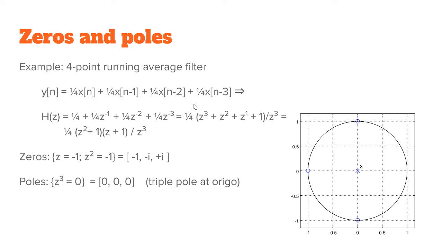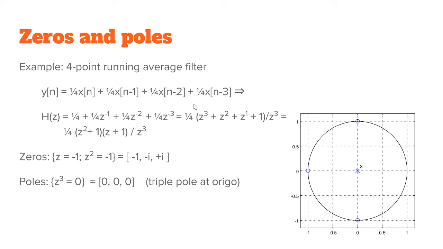You can divide it into the product of two different polynomials, z squared plus 1 multiplied by z plus 1. So the zeros: you set z plus 1 equal to 0. That gives you z equals minus 1. Okay, that's one of the special points.